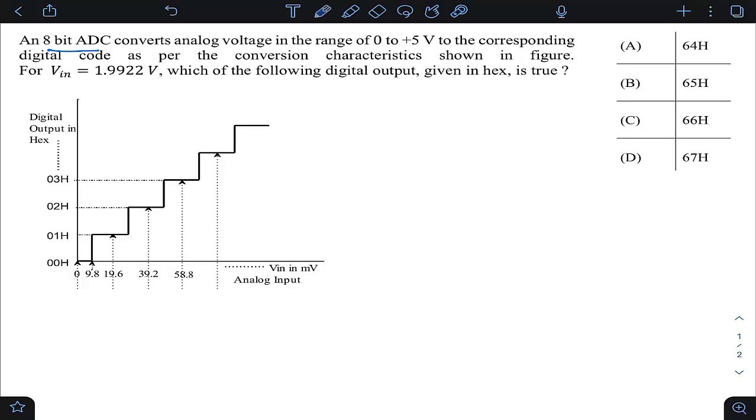First of all, students, in an ADC, resolution is given by Vmax minus Vmin divided by 2 raised to power n. Here Vmax is 5, Vmin is 0, so 5 minus 0 divided by 2 raised to power 8. 2 raised to power 8 is 256. So this is 5 by 256.